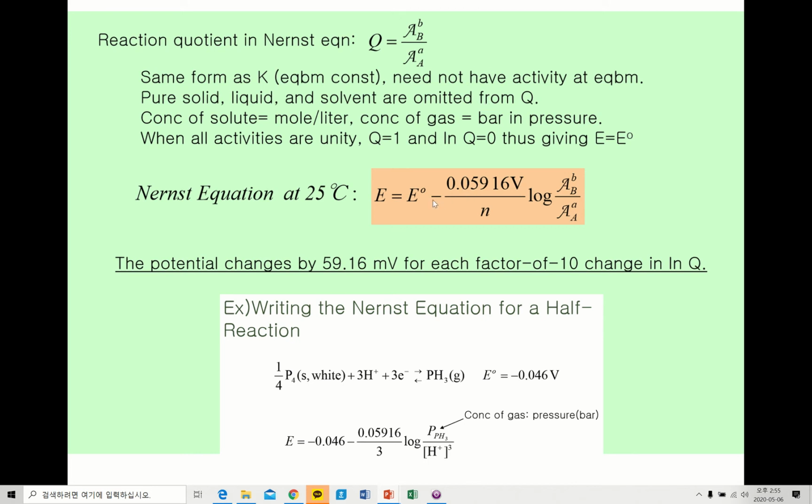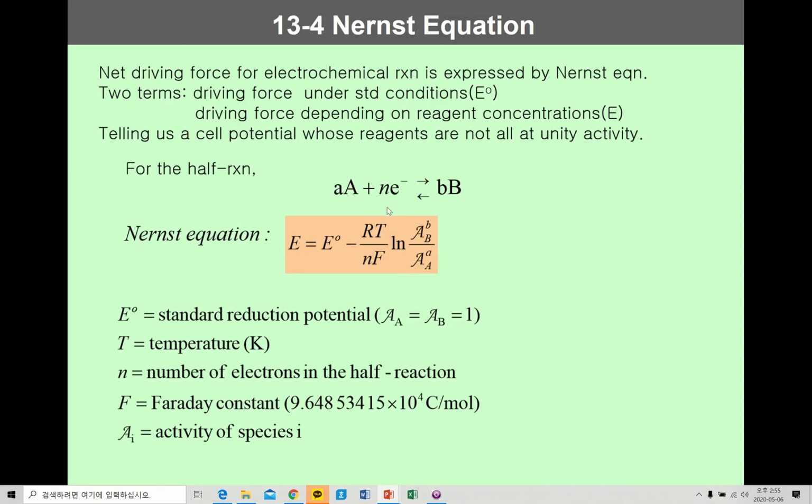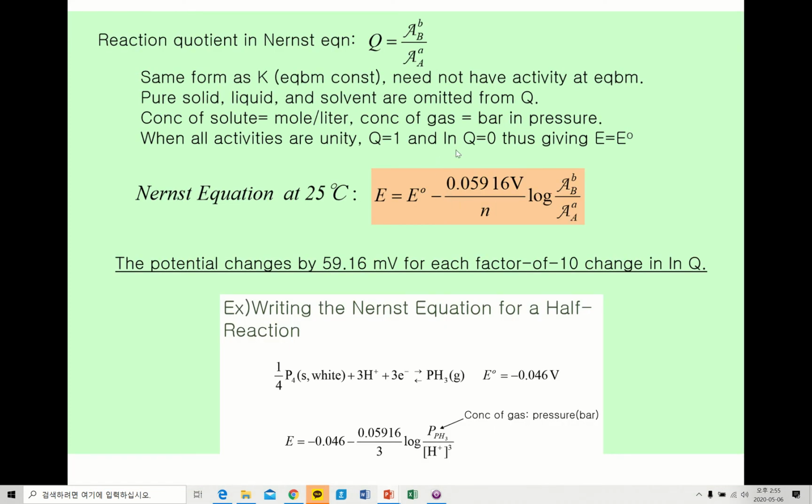Here the concentration is expressed by molar concentration, moles per liter. And when the reaction contains a gas, we use gas pressure in bar, or atmospheric pressure. Now, 1 atmosphere is almost 1 bar, but exactly 1.013 bar, right?